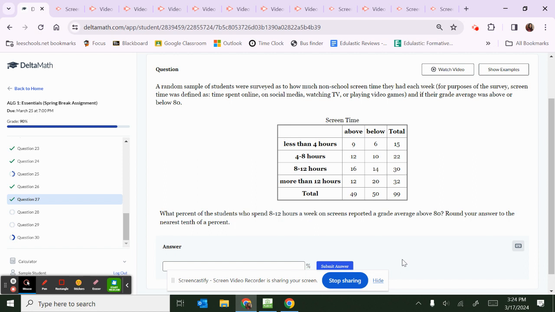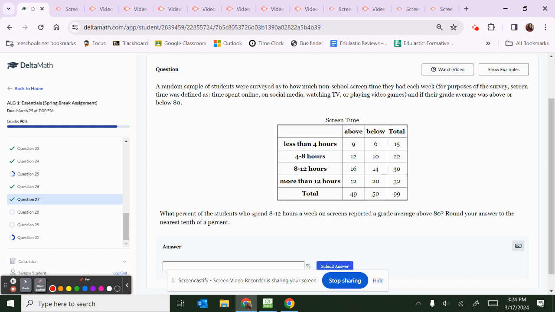It says a random sample of students were surveyed as to how much non-school screen time they had each week. For purposes of the survey, screen time was defined as time spent online, on social media, watching TV, or playing video games, and if their grade average was above or below 80. For this, they already gave us a total, so that saved us some time. All we need to do is identify what the question is asking us to do.